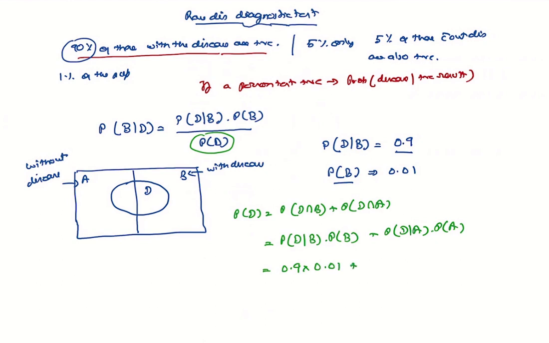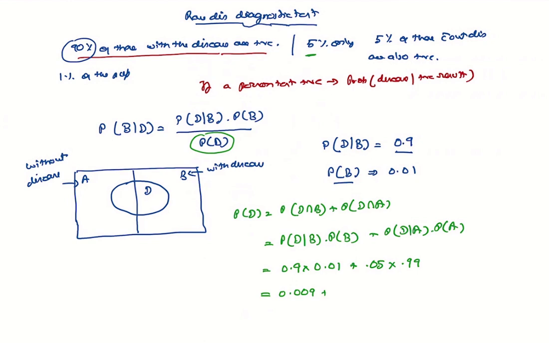Probability of D given A is the false positive rate, 0.05, times probability of A, which is very high, 0.99.